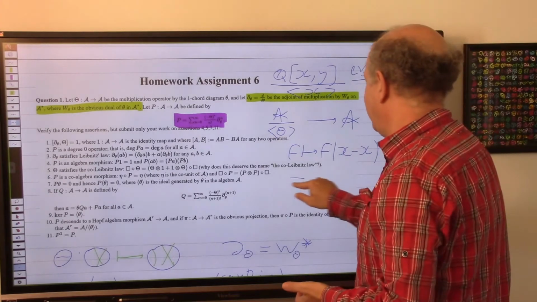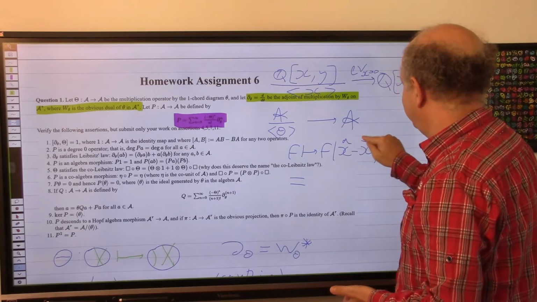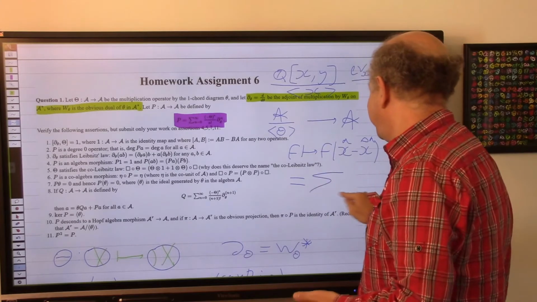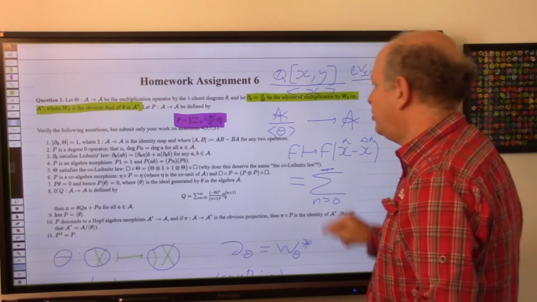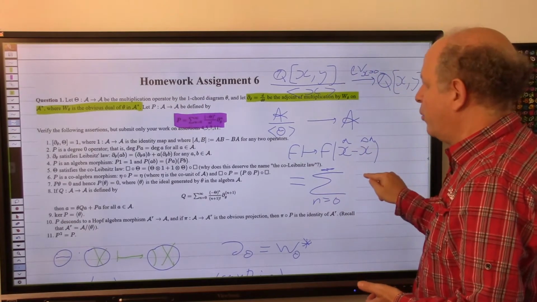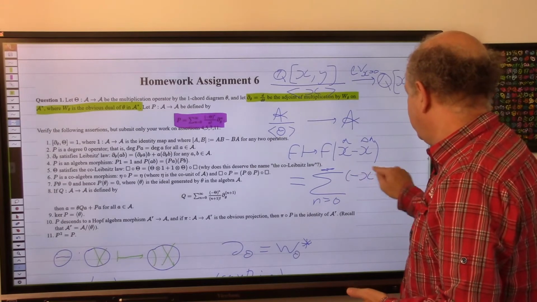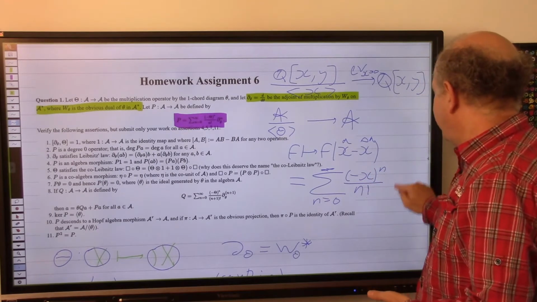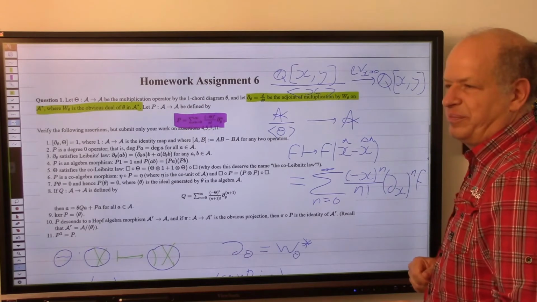And then I'd use the Taylor series where this is like the A and this is the delta A. So this will be the sum as n goes from 0 to infinity of delta A to the power n divided by n factorial, so minus x to the power n divided by n factorial, multiplying the nth derivative with respect to x of the function f.